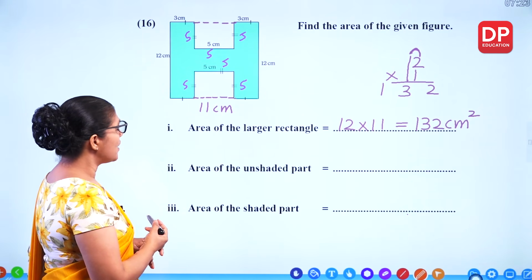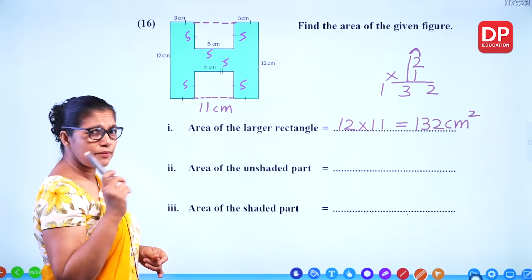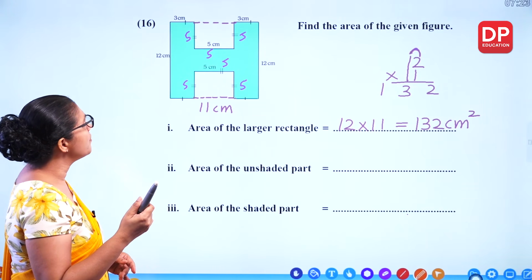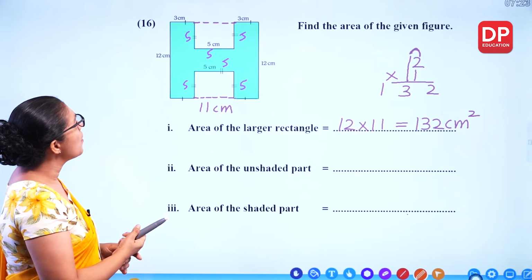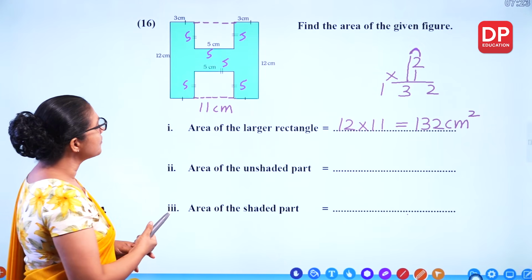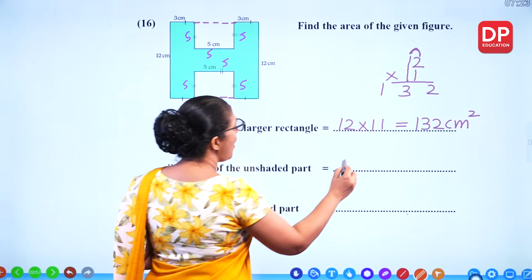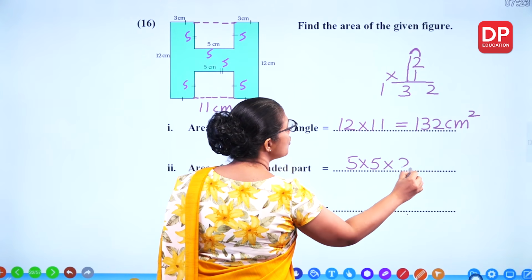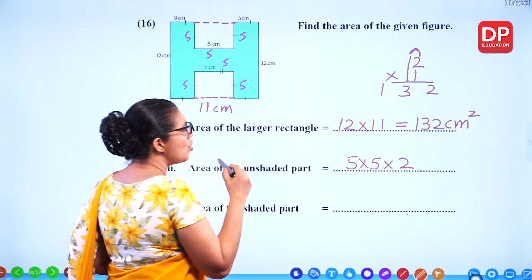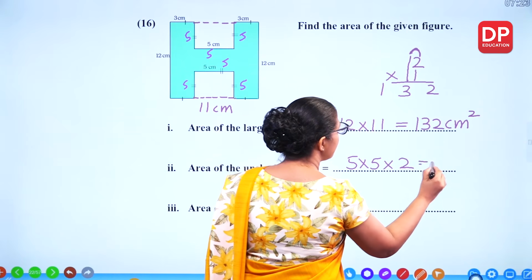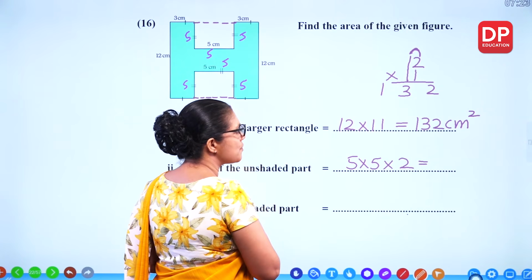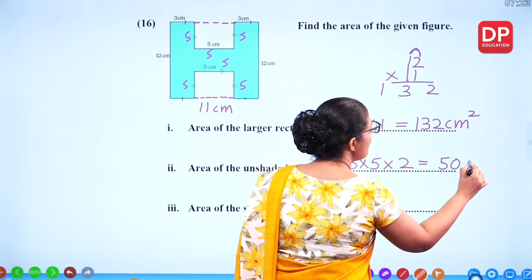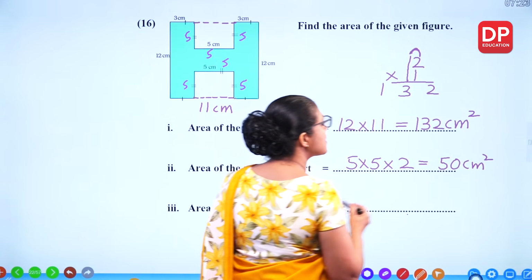So what's the unshaded part? You can find out area of one part and multiply by 2 because same squares are there. So what's the area? 5 times 5. That's one area. Multiply by 2 because you get 2 unshaded squares. 5 times 5, 25. 25 times 2, 50 square centimeters.